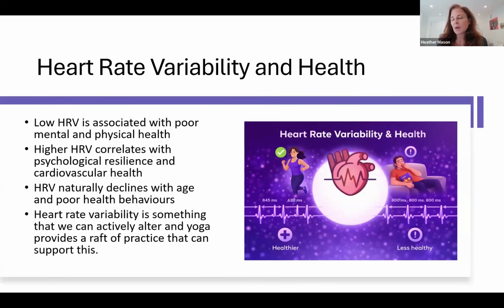In fact, when discussing PTSD, which is commonly discussed, or trauma within the yoga world, it might be useful to know that low heart rate variability is one of the things considered, not in the diagnosis, but in research around PTSD and trauma, right? And likewise, poor cardiovascular health would be associated with lower heart rate variability.